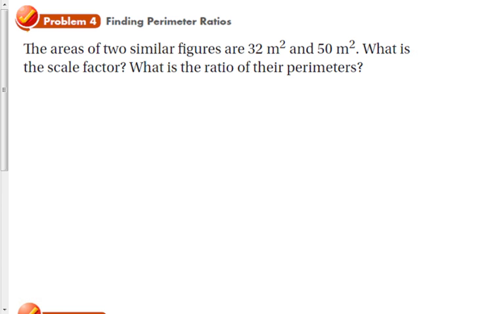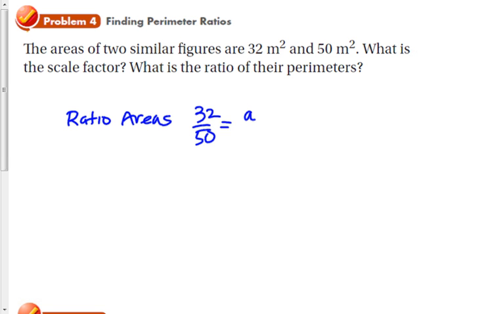All right, in this last problem, we are going to find ratios of perimeters. It says the areas of two similar figures are 32 and 50. What is the scale factor? So the ratio of the areas would equal 32 over 50. And remember the relationship between the areas and the scale factor.